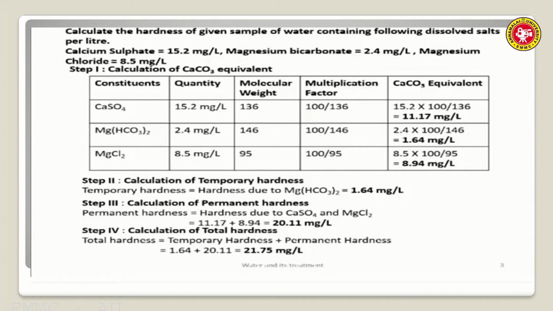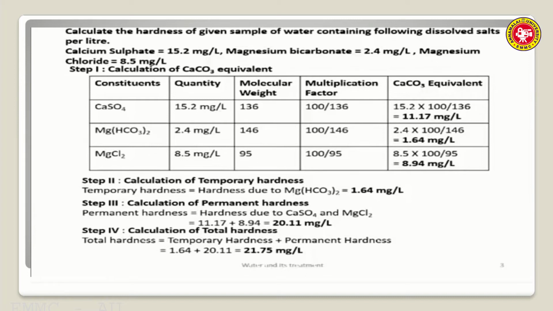Okay. Next constituent is magnesium bicarbonate. It is present around 2.4 milligrams per liter. The molecular weight of it is 146. Multiplication factor will be 100 by 146. You know what 100 is? Molecular weight of calcium carbonate, by 146, the molecular weight of magnesium bicarbonate, isn't it? So the answer will be 1.64.